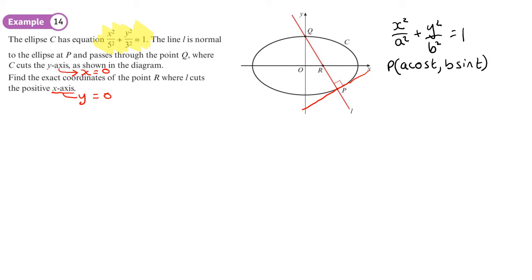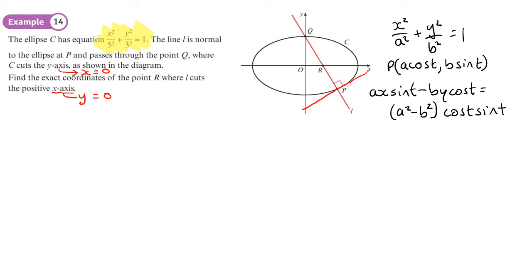And if this is the case, then the equation of a normal is given as this: ax sin t minus by cos t equals a squared minus b squared cos t sin t. So that result can just be quoted and used.